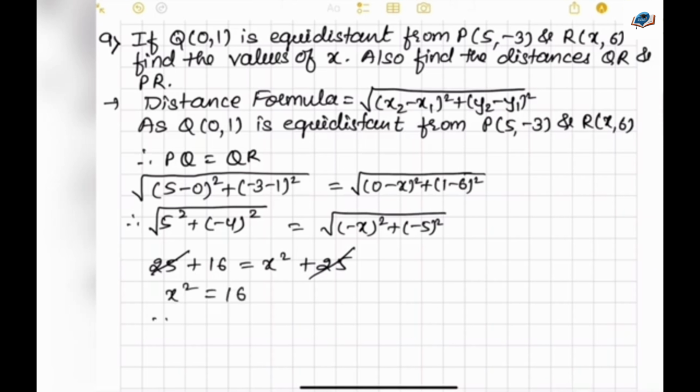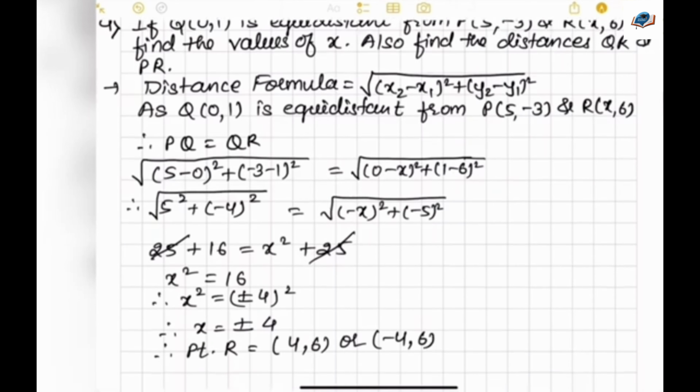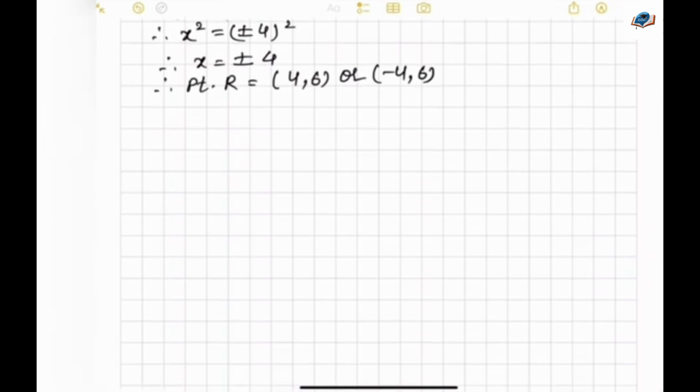So 25 cancels. So x square equal to 16. Therefore, x square equal to plus or minus 4 whole square. So therefore, x equal to plus or minus 4. So therefore, point R is either (4, 6) or (-4, 6).